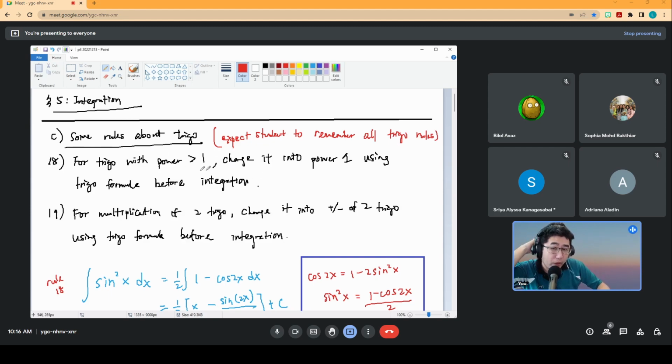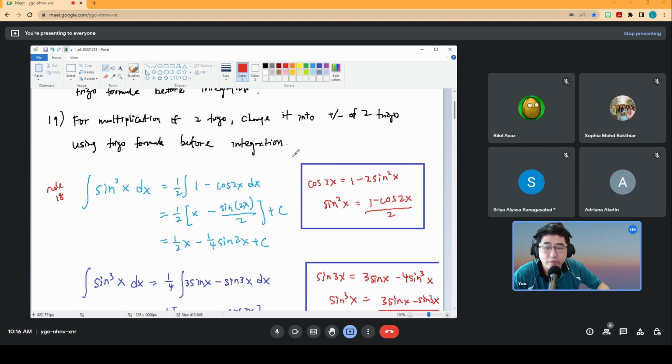For trigo with power more than 1, change it into power 1 using the trigo formula before integration. Yesterday we already had some examples of how to change sine square, power 2, into power 1. Then we integrate them according to the different rules to get our answer.